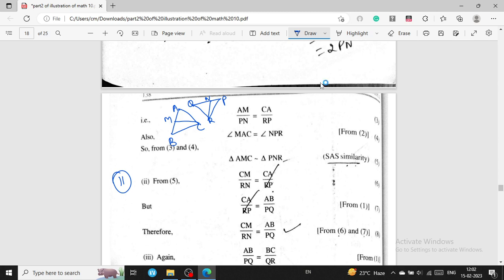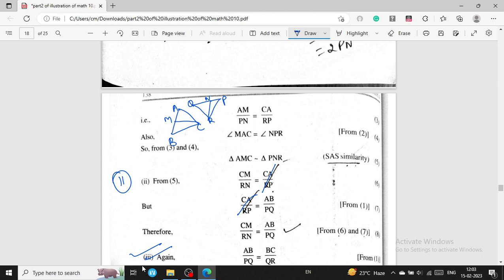CA we have given in the first equation, CA over RP, AB over PQ. When we cancel these two equations from the sixth and seventh equation, we find that CM over RN is equal to AB over PQ. Now we have to prove the third equation.